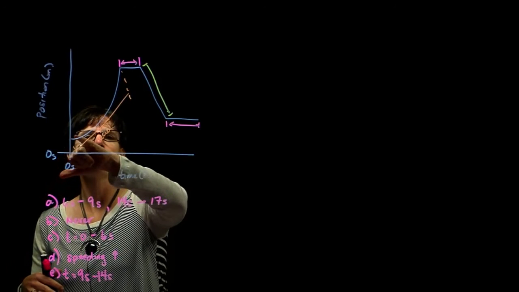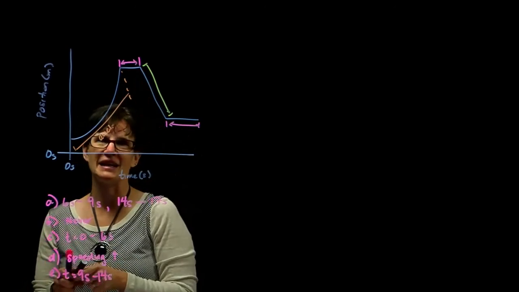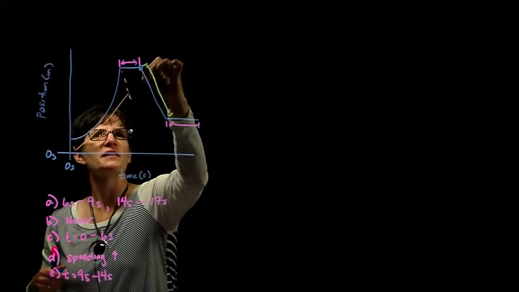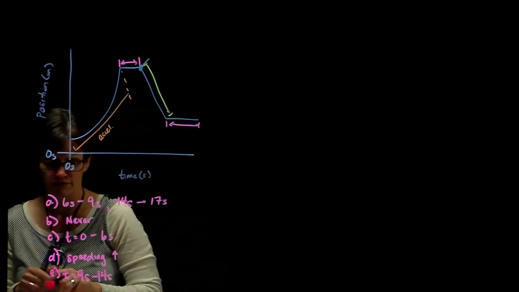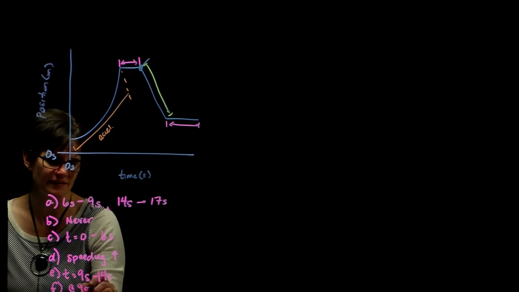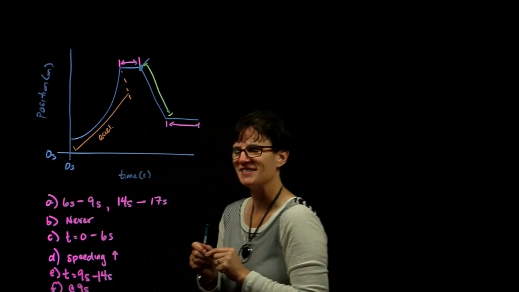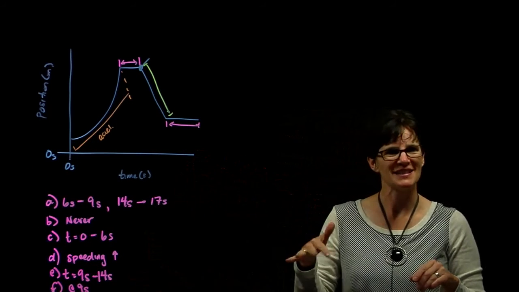I'm moving in the positive direction, then I'm standing still, and then I start moving in the negative direction. So I would argue at this point, we get the turning around. So part F is at 9 seconds.